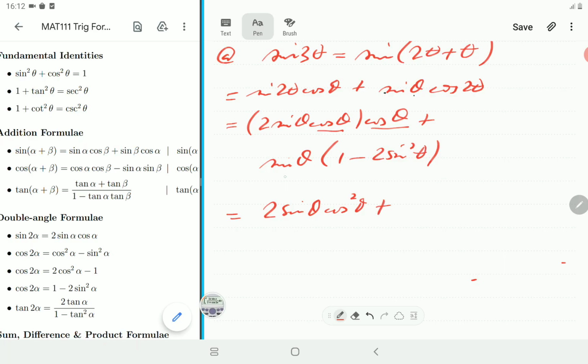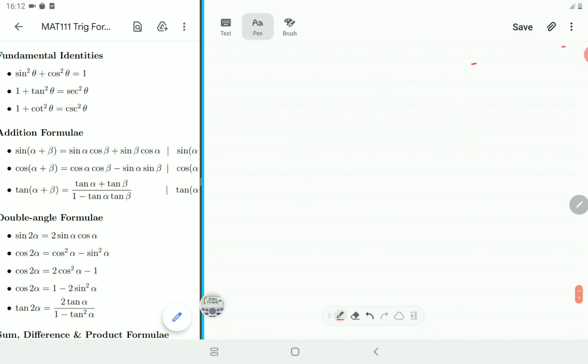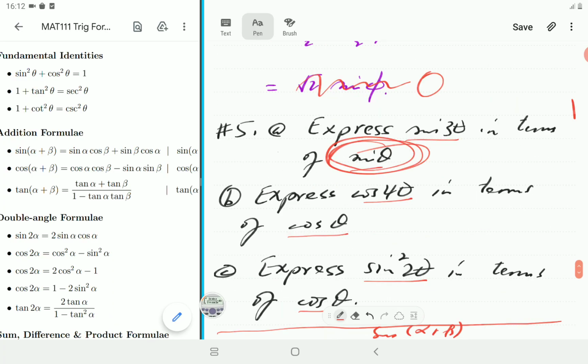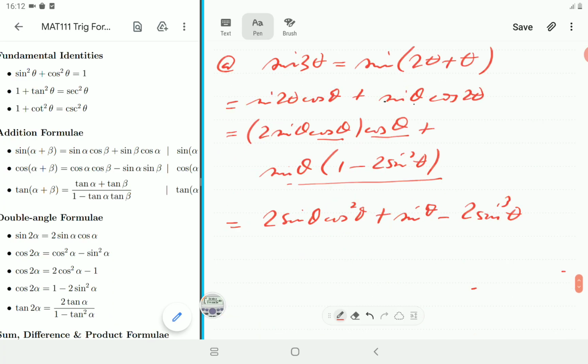Then plus, if we remove brackets here, we're going to have sine theta minus 2 sine theta cubed. So we almost have got everything in terms of sine now.